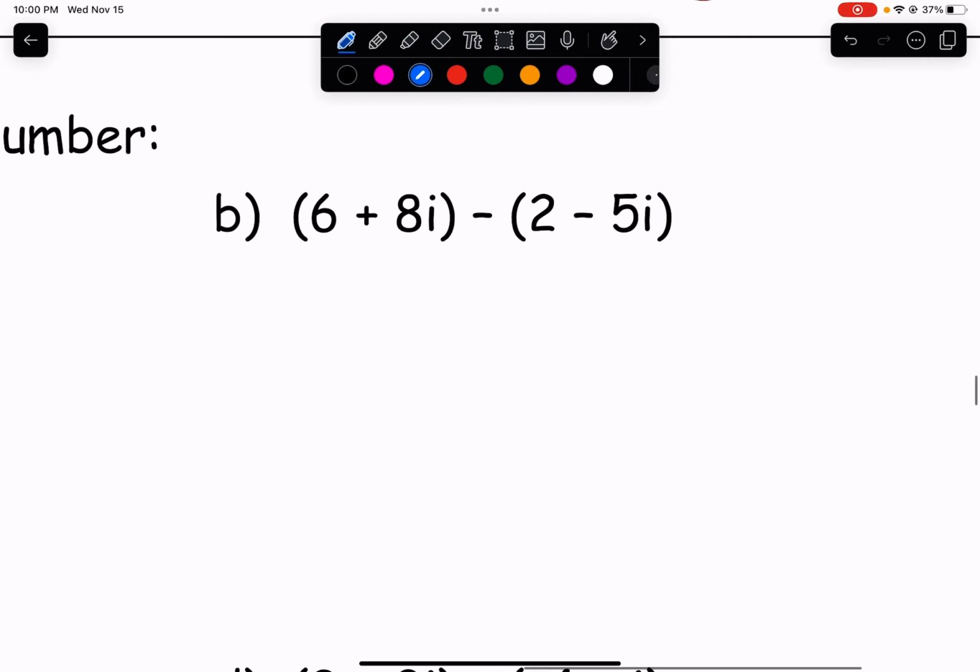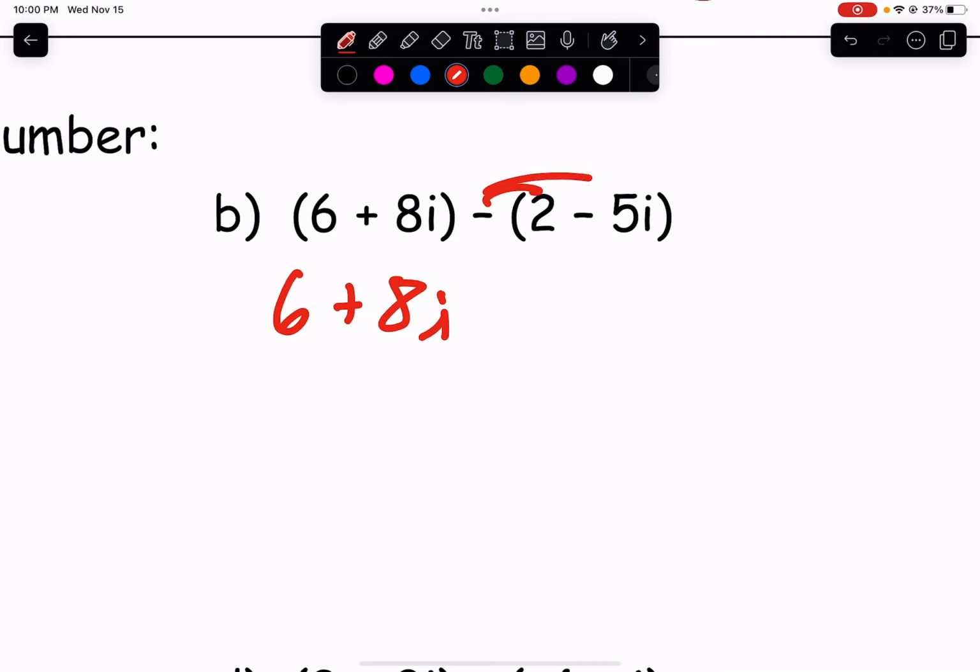All right, so here we are subtracting a complex number from another complex number. So remember, when you have a negative sign with two terms inside the parentheses following it, you have to make sure that you distribute the negative, just like we normally would.